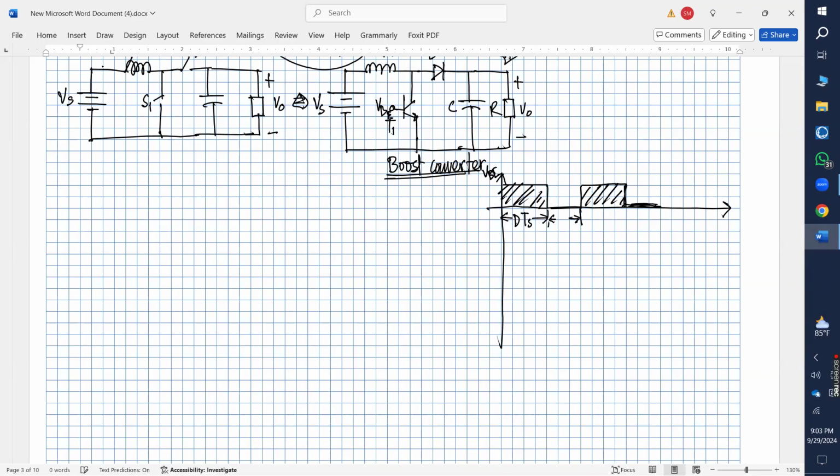On. Okay. So suppose this switch is on for D into Ts time, and this switch is off for 1 minus D multiplied by Ts time.